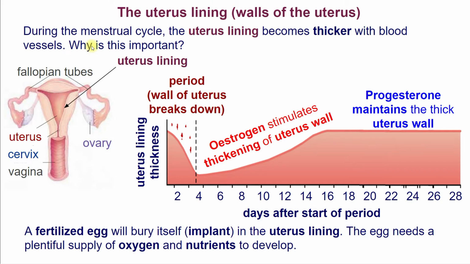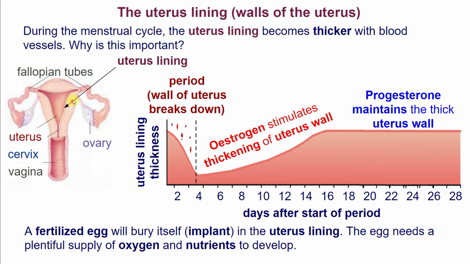So in this diagram, we're focusing just on the thickness of the lining of the uterus. This graph is showing the 28 days of the menstrual cycle. But the menstrual cycle begins with menstruation, or the period.